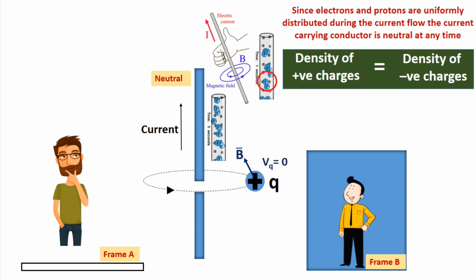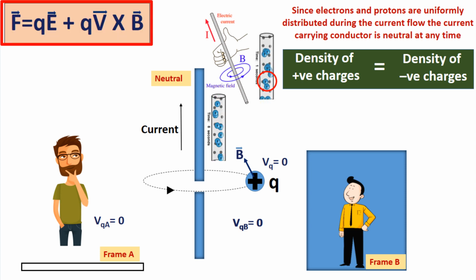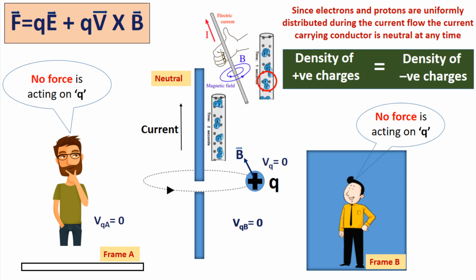So, there is no electric field whatsoever at the location of Q, and hence no electric force is acting on Q. Similarly, the charge Q is at rest with respect to both the frames of reference, so there is no magnetic force either. So according to the Lorentz force law, no net force is acting on charge Q. So both the persons will conclude that no force is acting on charge Q.